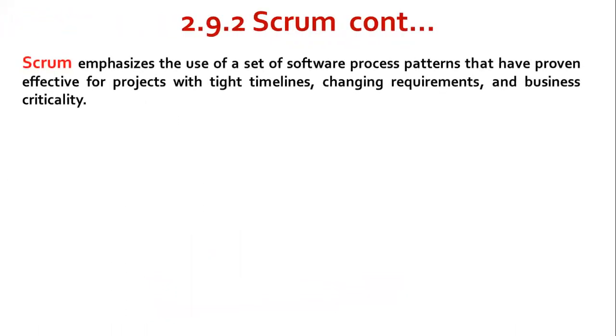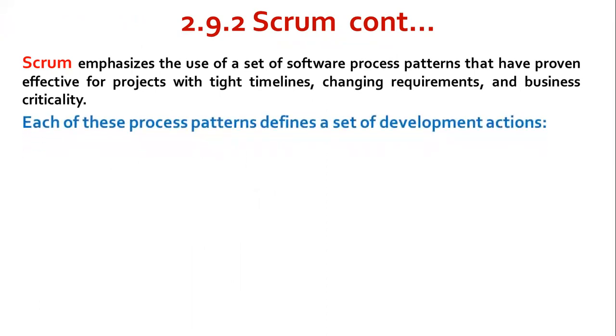Scrum emphasizes the use of a set of software process patterns that have proven effective for projects with tight timelines, changing requirements, and business criticality. Each of these process patterns defines a set of development actions.